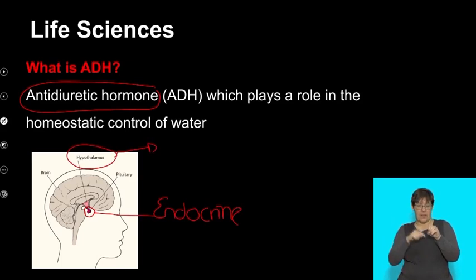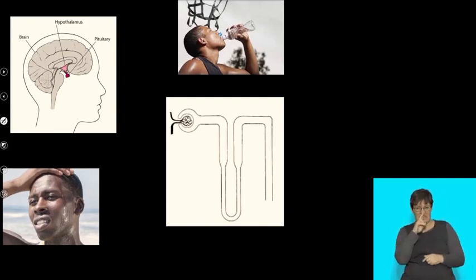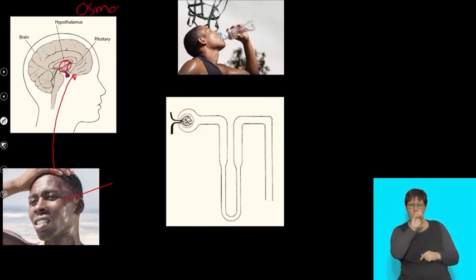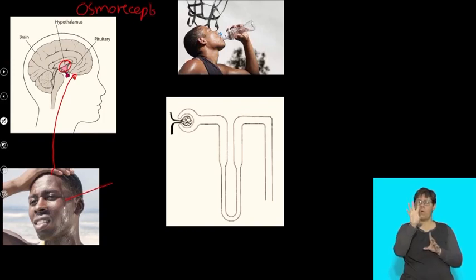So you're really hot, you're really sweating, and have a look at this picture over here. Look at this guy, okay? He's hot, he's sweating, and he's losing all this water. Check the sweat just running off. So when the blood goes past his brain, right over here, there are what we call osmoreceptors. It's in the brain.